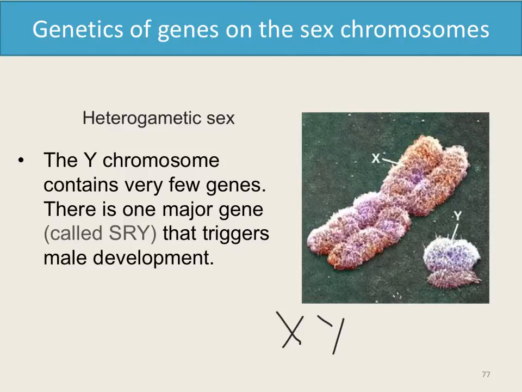Because an individual, a male who's XY, can have a mutation on the X chromosome, and the Y, of course, doesn't rescue it, or on the Y chromosome. So the heterogametic sex is much more likely to suffer from these problems than the homogametic sex, which is female.